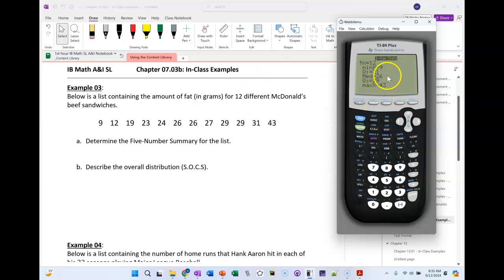You could give it as the median, 26, or you could give it as the mean, 25.8 or 24.8. Since it's symmetric, either is appropriate. Everybody's okay there?